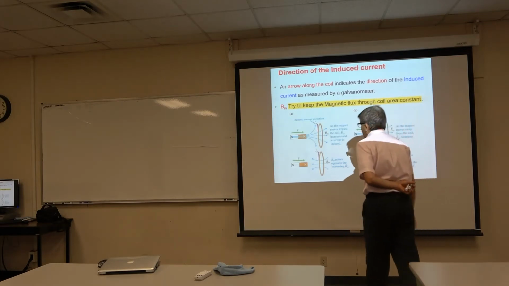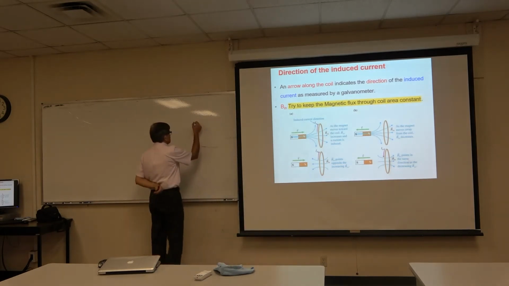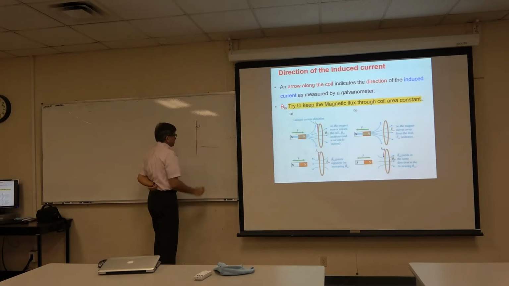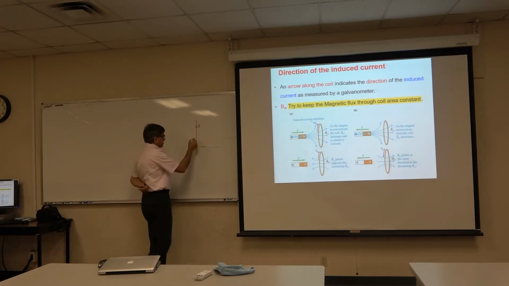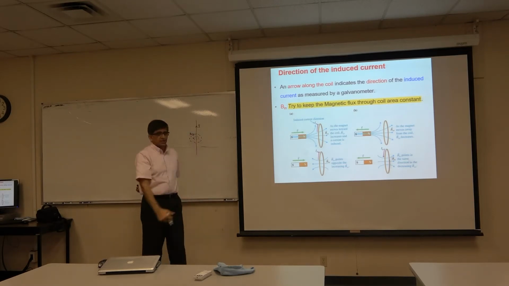Keep in mind, we learned that whenever a current flows through a wire, there will always be a magnetic field produced around the wire, and that magnetic field can be seen using the right hand rule.